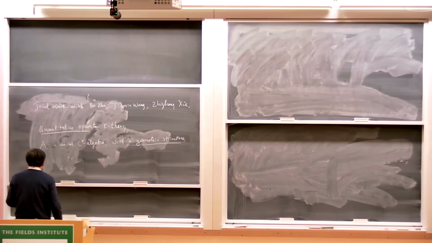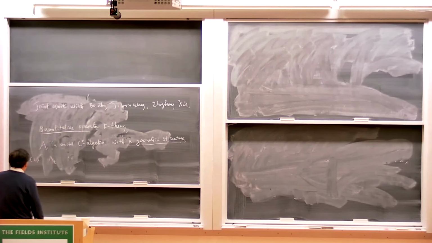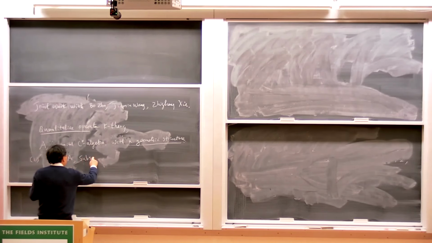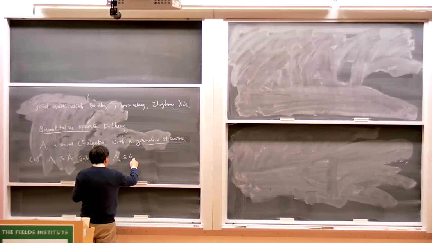Okay, so it's a collection of subsets A_t, and just to make it flexible, this is just a subset. It's not even a subspace. It satisfies the condition that it's a kind of filtration.